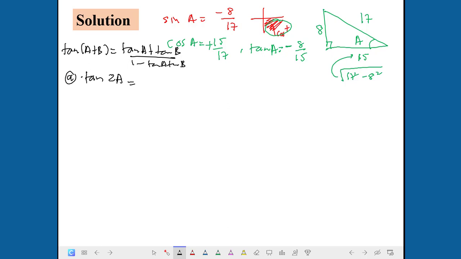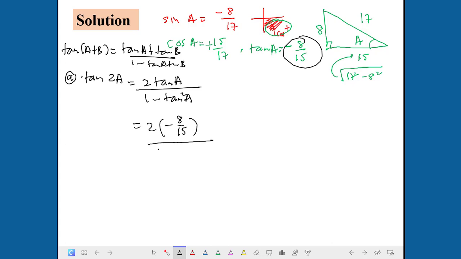So now here is the double angle: tangent A plus tangent A, so 2 tangent A over 1 minus tangent A times tangent A, so squared. Tangent A is equal to negative 8 over 15, so 2 times negative 8 over 15 over 1 minus negative 8 over 15 squared. Okay, and then simplify.